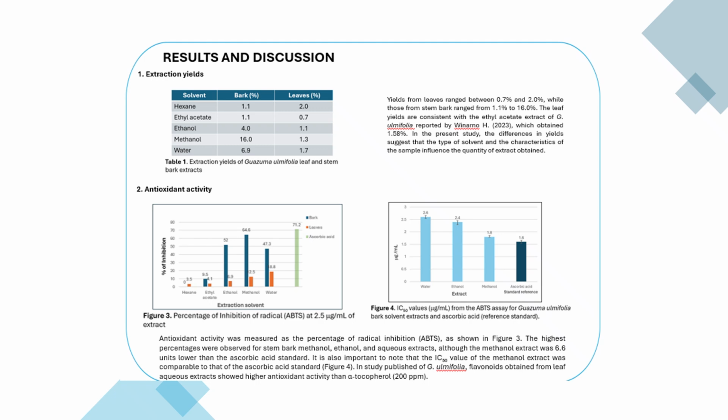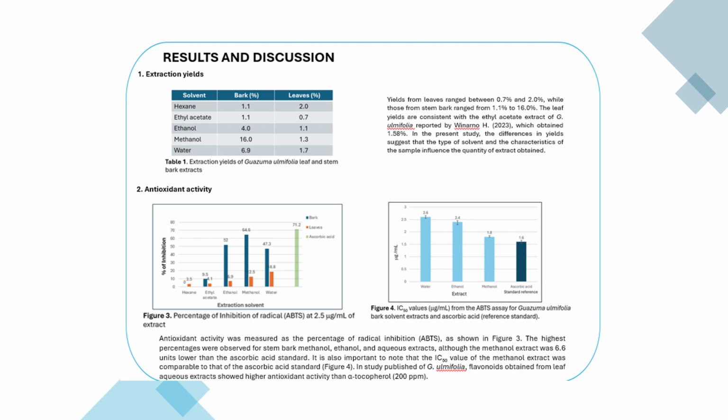Antioxidant activity was evaluated as the percentage of radical inhibition, ABTS, as shown in Figure 3. The highest percentages were observed from stem bark methanol, ethanol, and aqueous extracts, although the methanol extract was 6.6 units lower than the ascorbic acid standard.